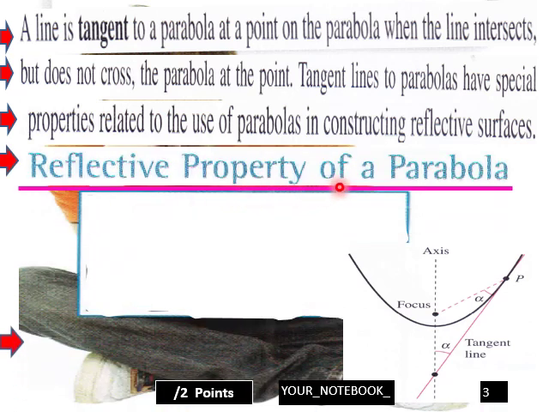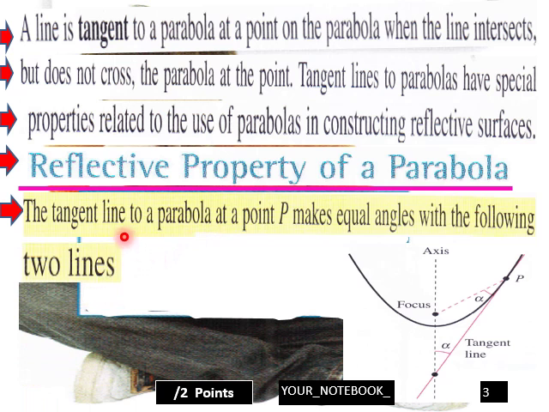So the reflective property of a parabola: the tangent line to a parabola at point P, here's your tangent line, makes equal angles with the following two lines. Here's angle alpha, here's another angle alpha. We have our focus.